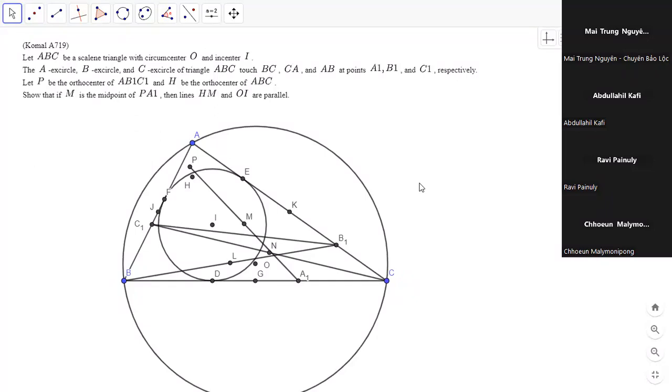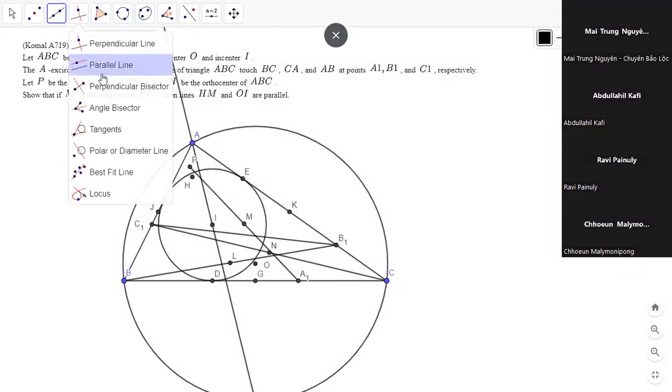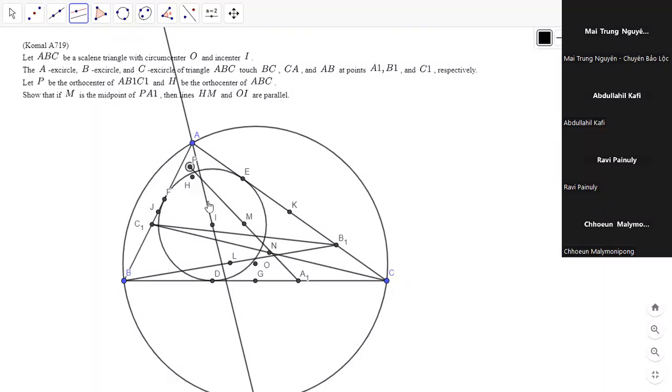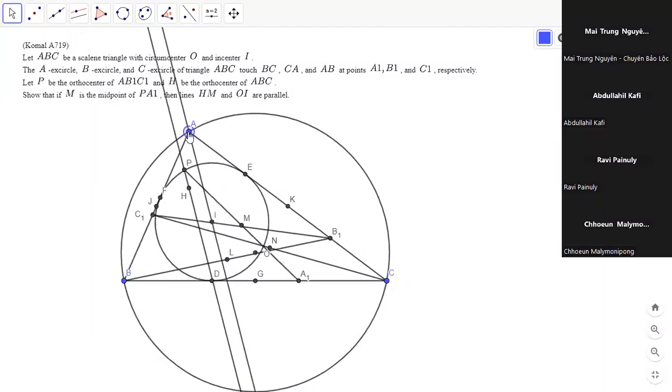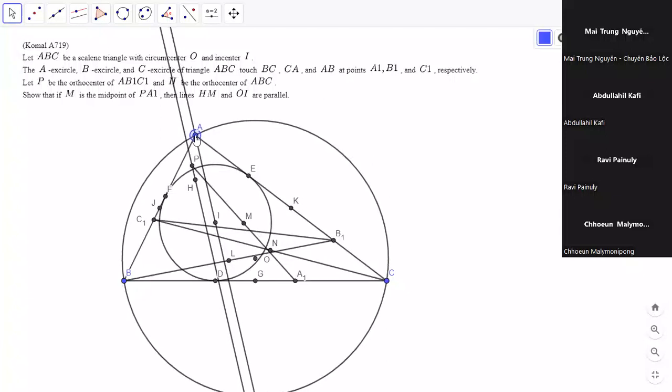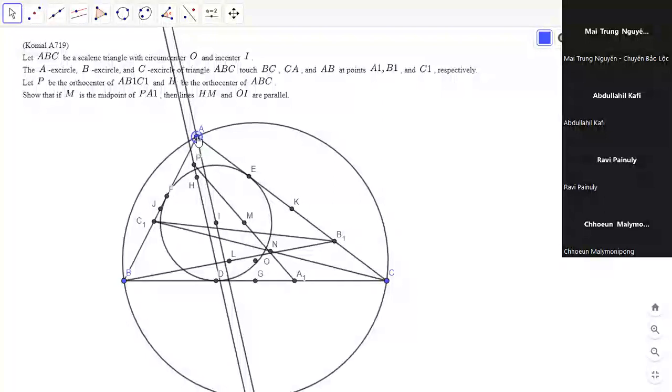Looks like PH is parallel to AI. Really? Interesting. I would not have expected that. So it looks like PH is parallel to OI.